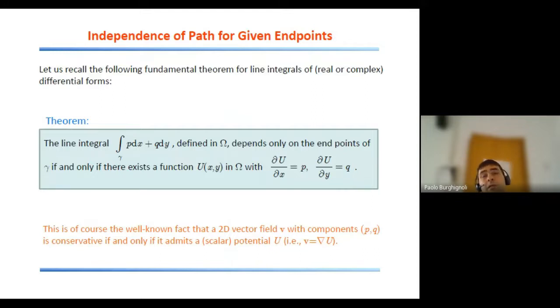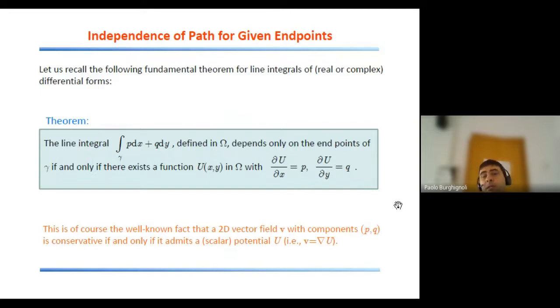The line integral defined in a given region, an open set of the plane, of the differential form p dx plus q dy depends only on the endpoints of the curve gamma along which you are calculating this integral, if and only if there exists a function u, a function of two real variables x and y, defined in omega, with the property that the partial derivative of u with respect to x is equal to p, whereas the partial derivative of u with respect to y is equal to q.